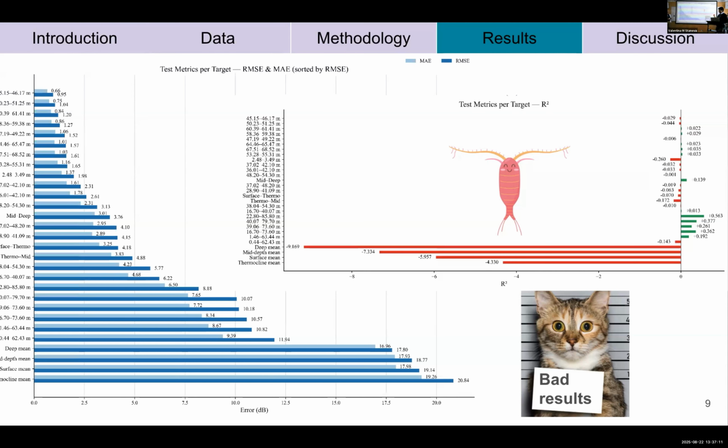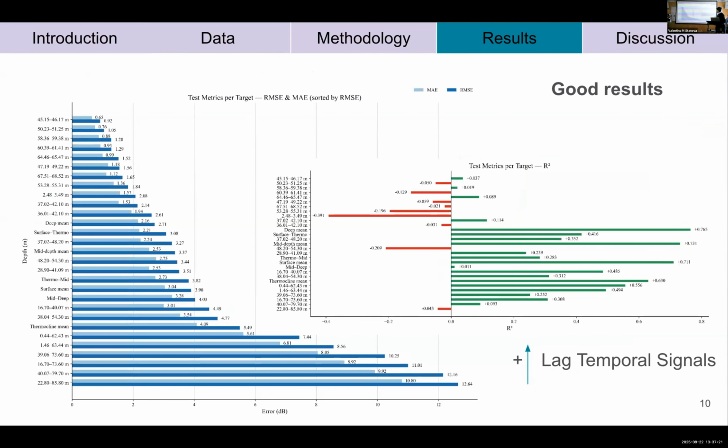Then we decided to use the lag features of the signals, that is, the value of the signal at that particular location a day before. When we added those features, most of our predictions became very good, and we achieved around 0.8 for some of the delta depths.